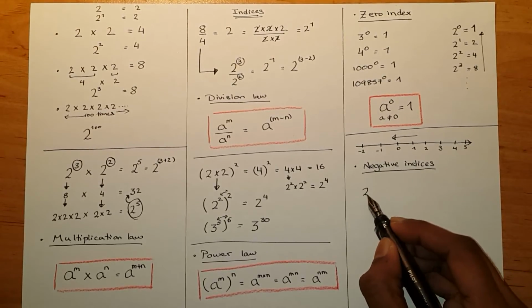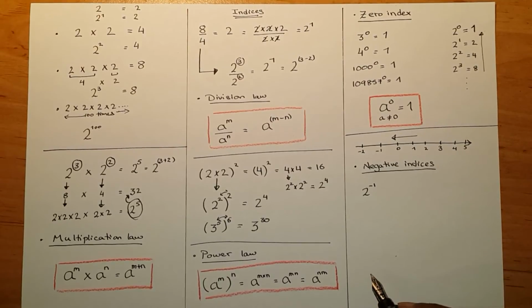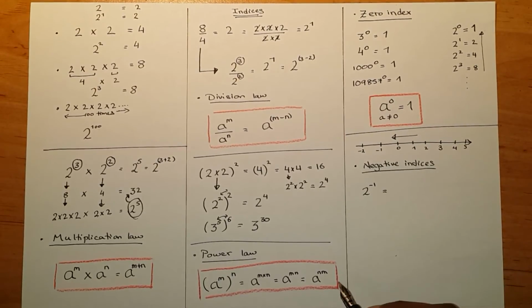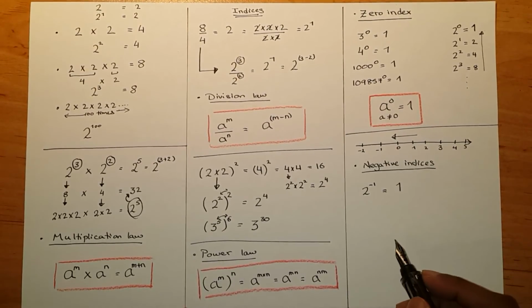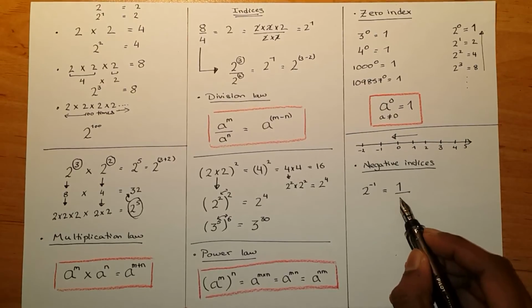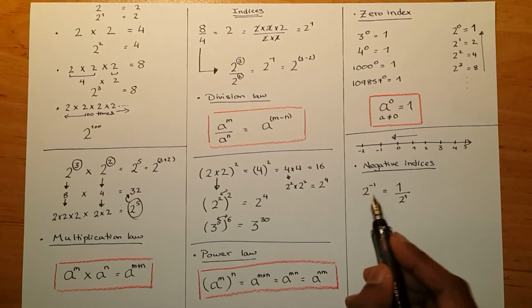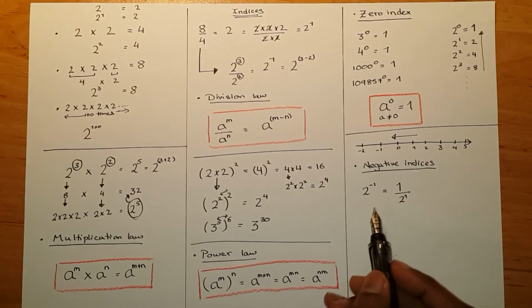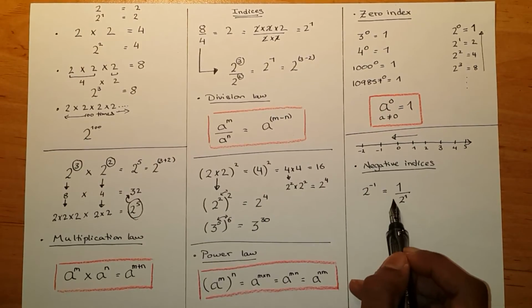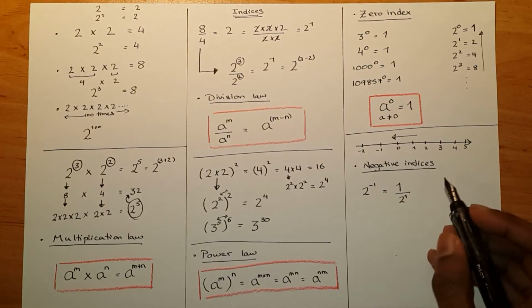I'll give you 2 to the power of -1 equals 1 over 2 to the power of 1. All we have to do to make that power positive again is just take the number and send it to the denominator.